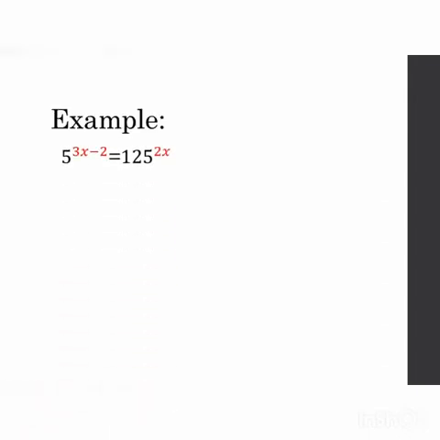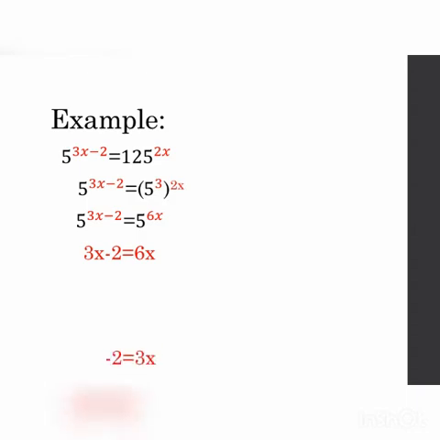Another example. 5 raised to 3x minus 2 is equal to 125 raised to 2x. Since the bases are not equal, we will factor them. 5 raised to 3x minus 2 is equal to 5 cubed, in parentheses, raised to 2x. 5 raised to 3x minus 2 is equal to 5 raised to 3 times 2x, which is 6x. 3x minus 2 is equal to 6x.